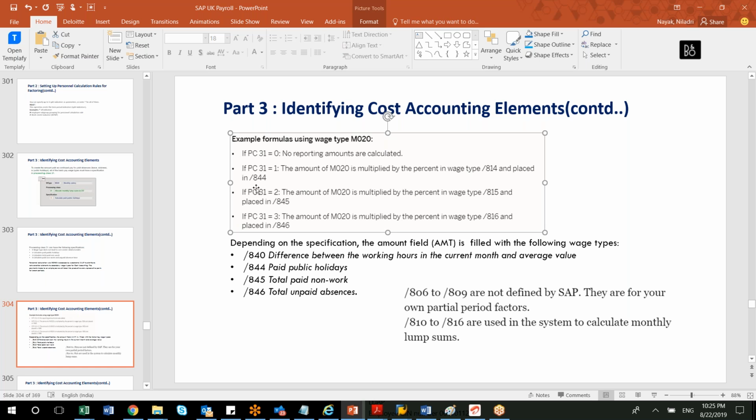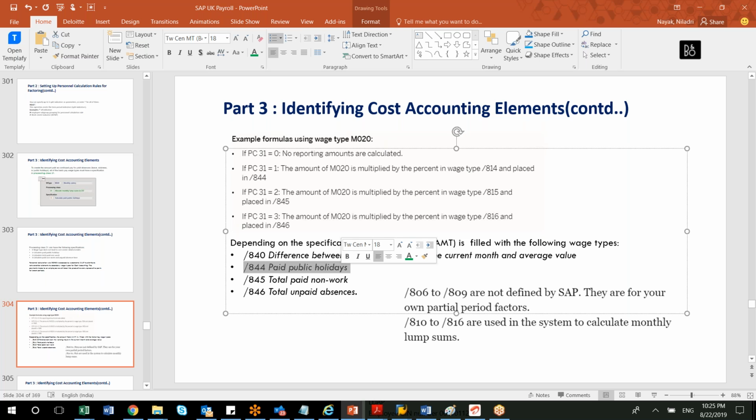So what is this /844? I have explained that in the section below. /844 is paid public holidays. As I was explaining regarding the 15th of August, similarly the UK will also have its own public holidays. So that's /844, paid public holidays, and that factoring will happen in that case.